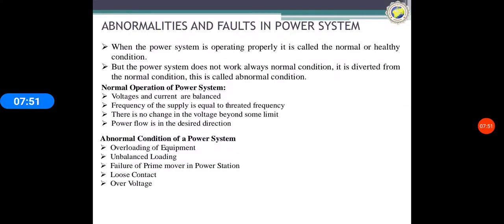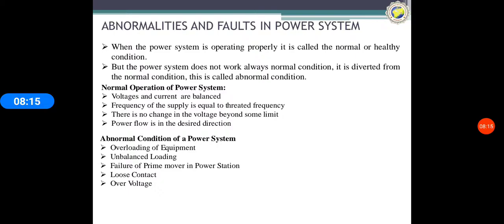Now we can study the abnormality and faults in the power system. So what is abnormality? When the power system is operating properly, it is called the normal or healthy condition.